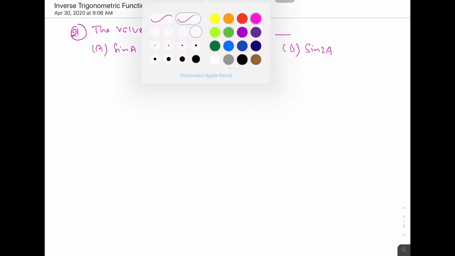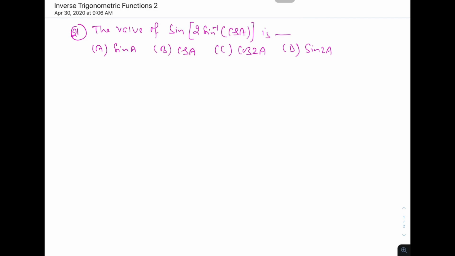So now, sine of 2 sine inverse cosine A. Can we write it like this?